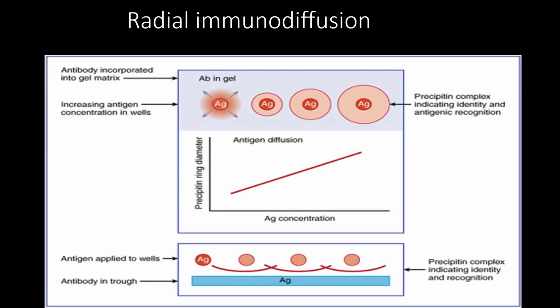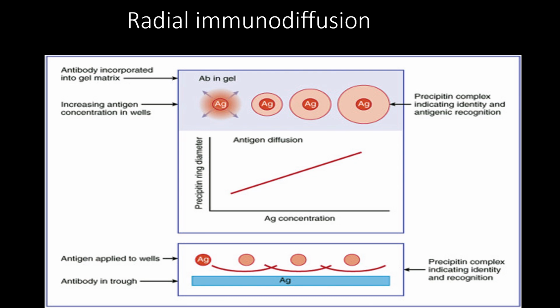patient's plasma. As shown here, we have a gel matrix incorporated with an antibody, and later an antigen with different dilutions was added on this gel matrix, followed by incubation, allowing them to interact. The interaction of antibody and antigen is shown by forming this precipitate reaction.